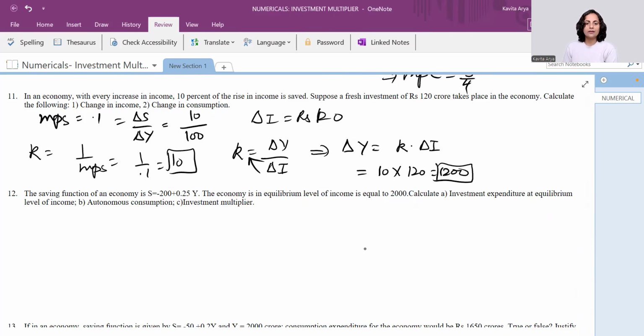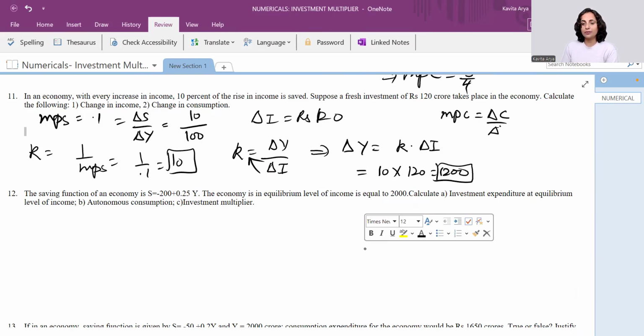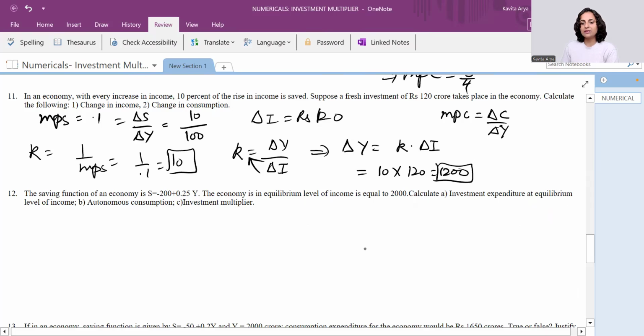So what is the value of change in consumption? Change in consumption means we are required to find MPC. MPC is equal to delta C by delta Y, and we have everything now to find delta C. Delta C is equal to MPC into delta Y. What is the value of MPC?